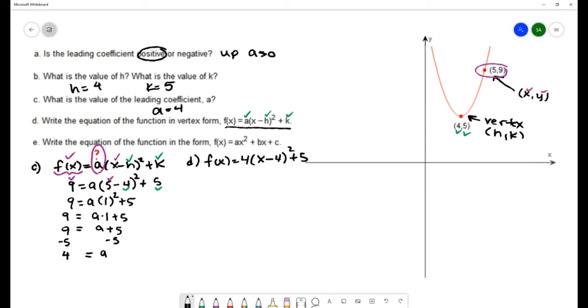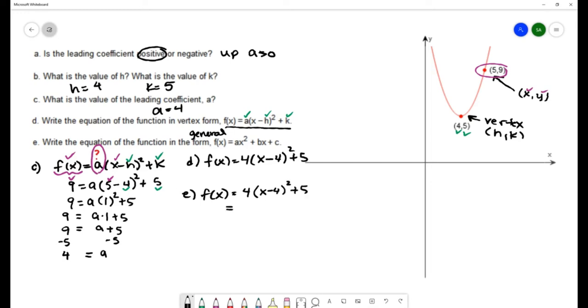In our final part, we want to write the function in general form, which is our expanded form, f(x) = ax^2 + bx + c. So to write it in this expanded form, we're going to take our vertex form and do a bunch of algebraic simplification.